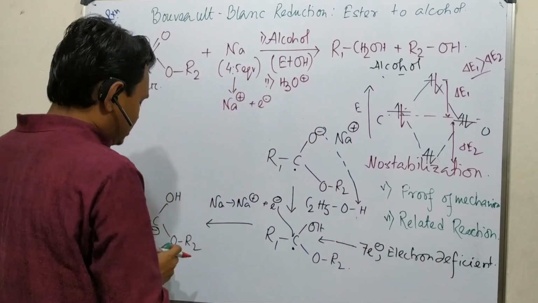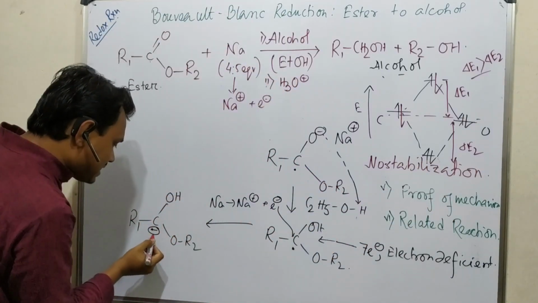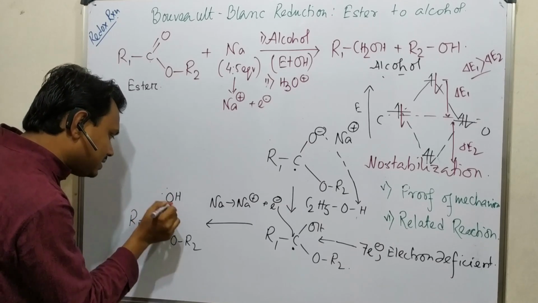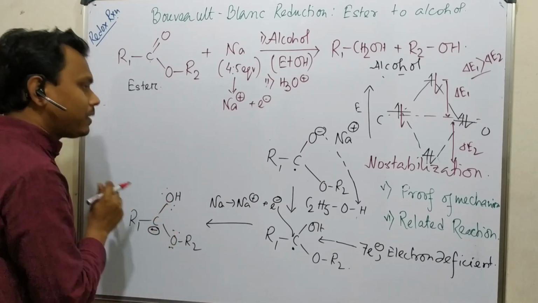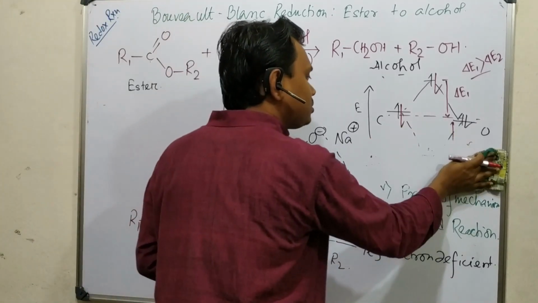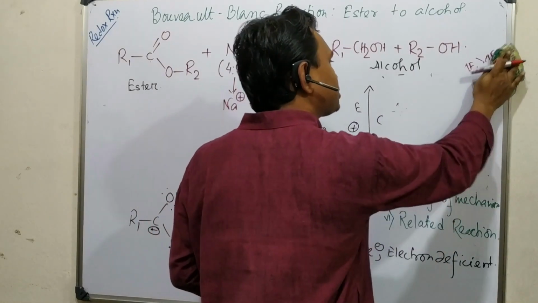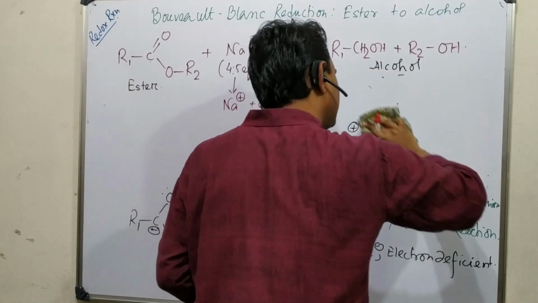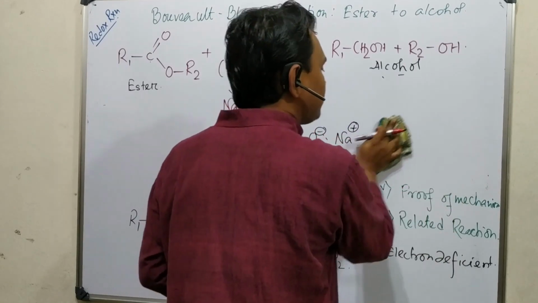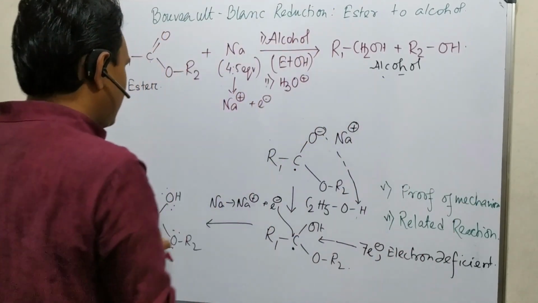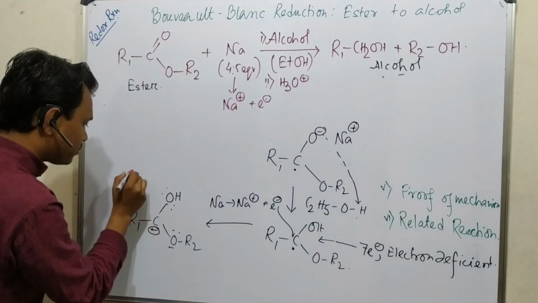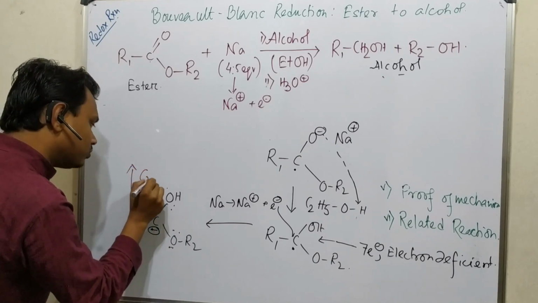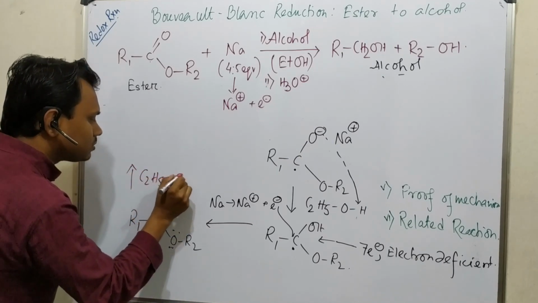Fine. Now the question, then what happens? This has a lone pair, this has a lone pair, so severe repulsion occurs. And consequently, due to this repulsion, this carbon ion, actually this is a carbanion right now, is very reactive and ultimately results in protonation. And protonation from whom? This ethanol molecule.